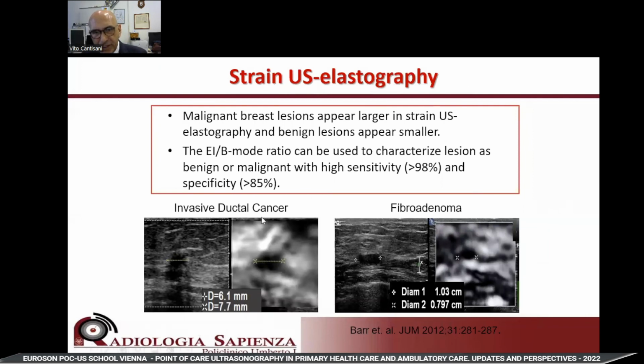If you deal with the measurement before and after compression, you see that the measurement of a lesion can increase after your displacement. Why? This is due to the desmoplastic reaction of the neoplastic lesion, and it is associated with aggressiveness of the lesion.